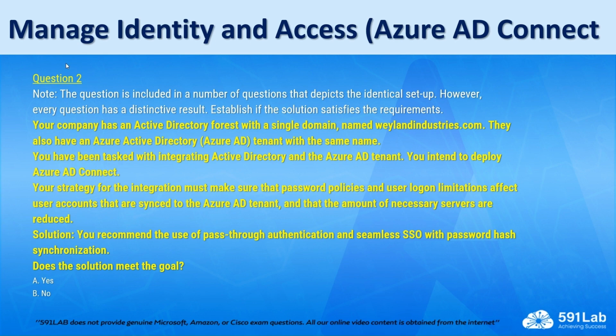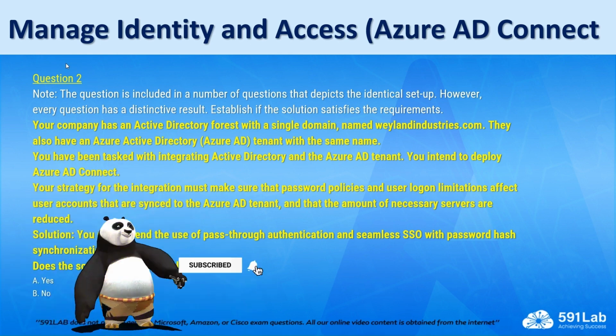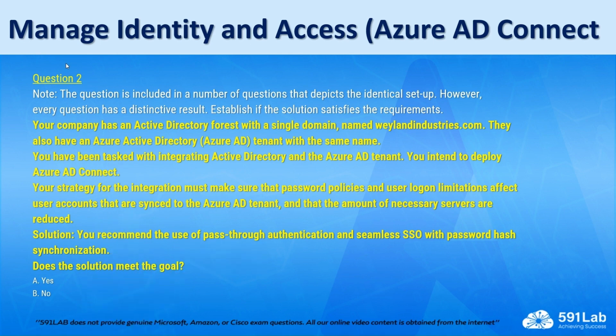Your strategy for the integration must make sure that password policies and user logon limitations affect user accounts that are synced to the Azure AD tenant, and that the number of necessary servers is reduced. The solution provided is that you recommend the use of pass-through authentication and seamless SSO with password hash synchronization. Does the solution meet the goal?